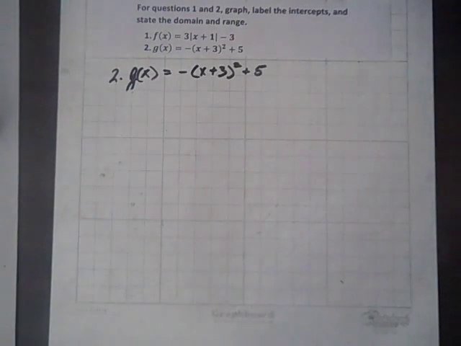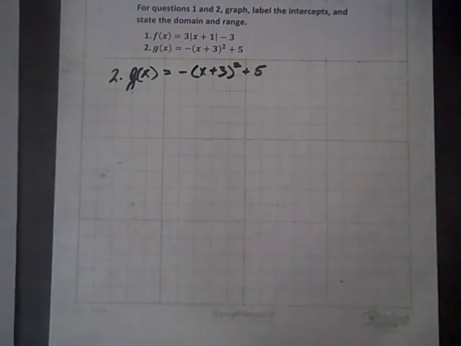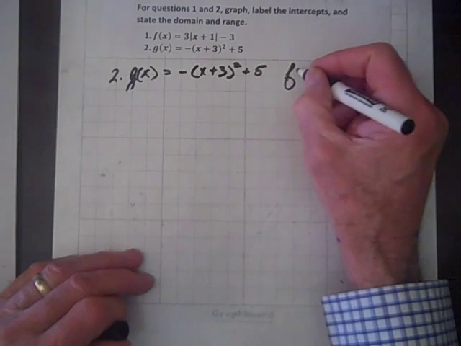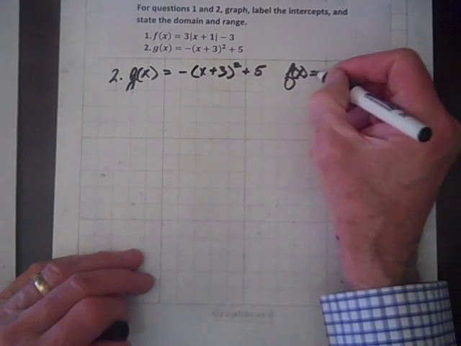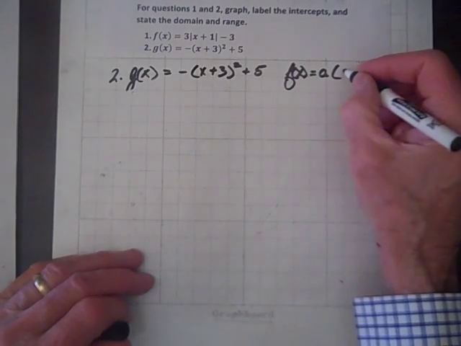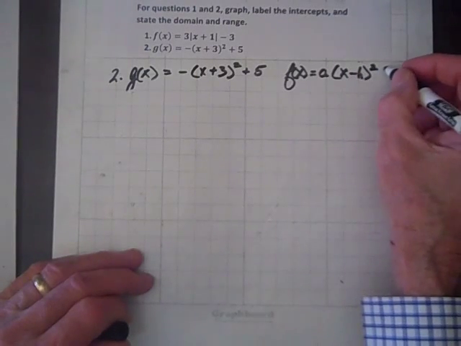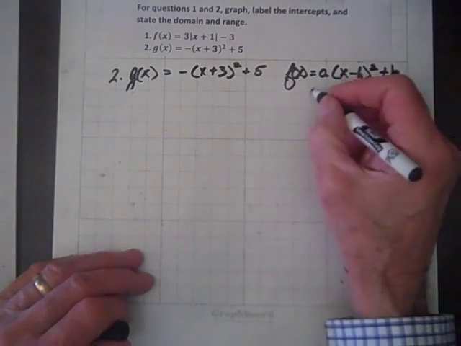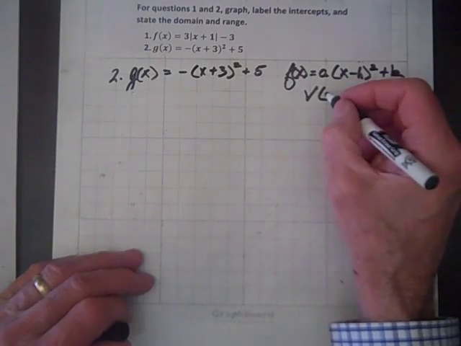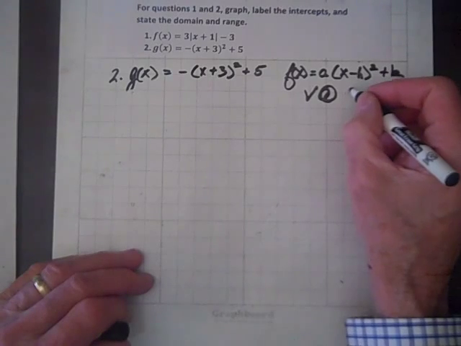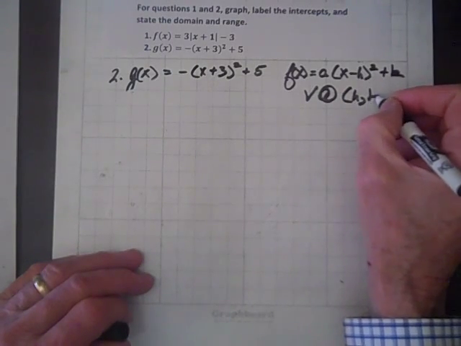Well, now we have a quadratic equation to graph, and we know any quadratic equation can be written in this form: a times (x minus h) quantity squared plus k, where the vertex is at (h, k).